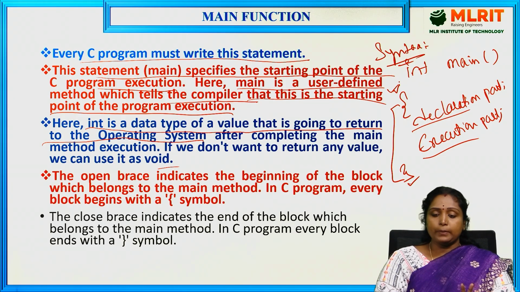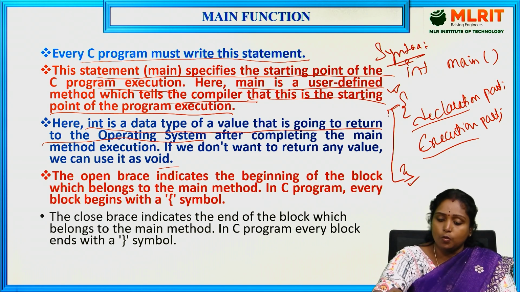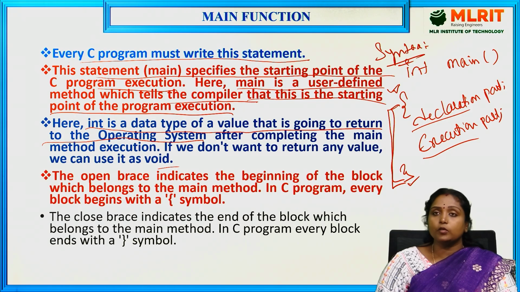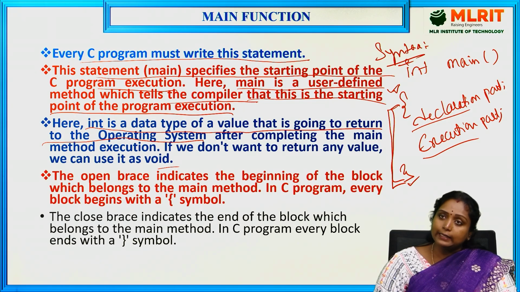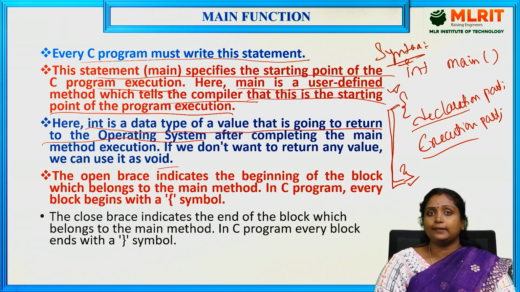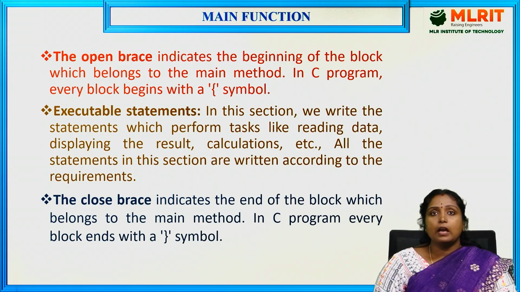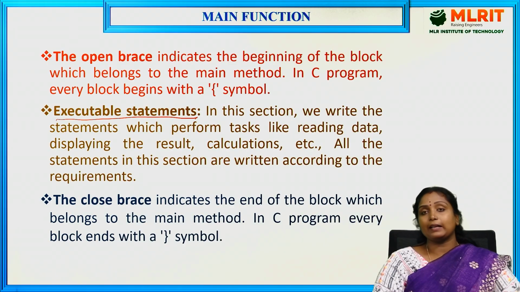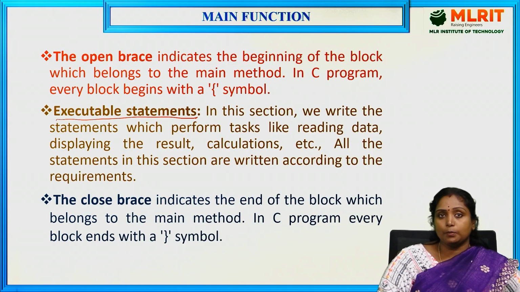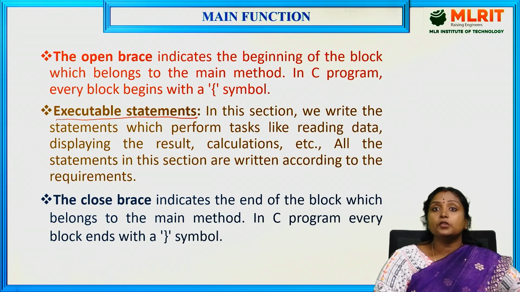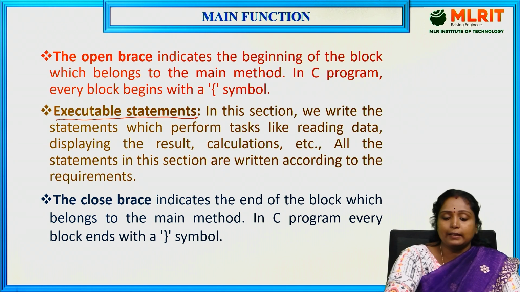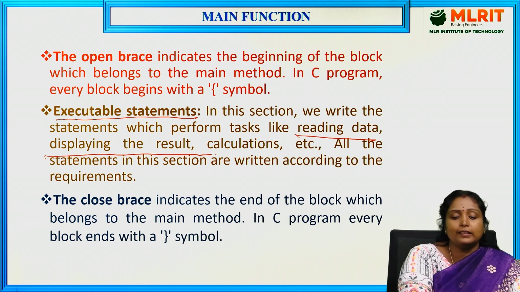In C programming, it always executes only the main function. Whatever you write in the main function, that would be the only thing executed. Coming to the executable statements, the execution part, in the execution part you will perform your tasks like reading data, displaying the results and calculations.